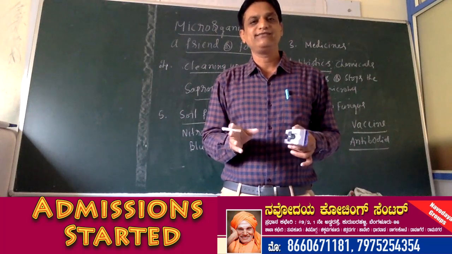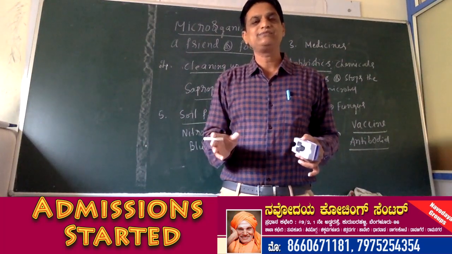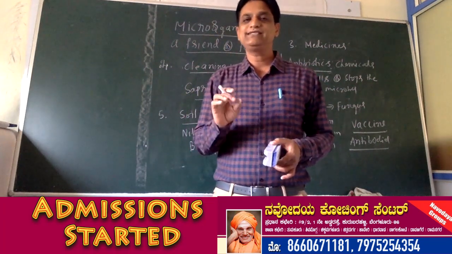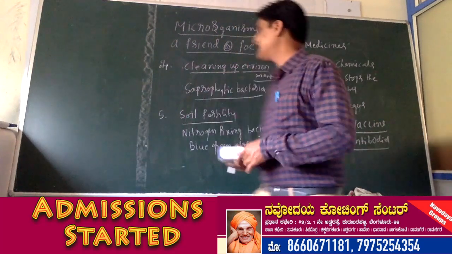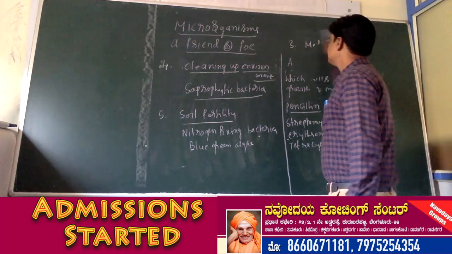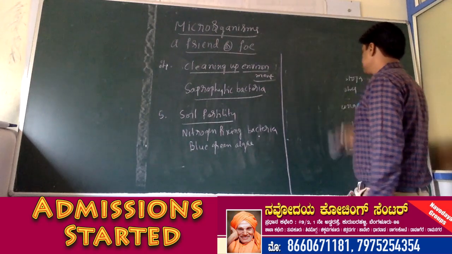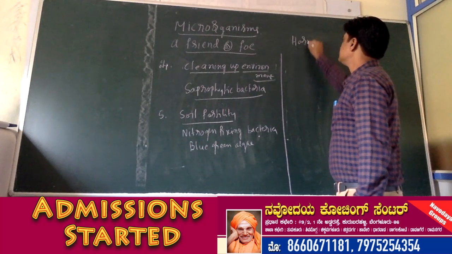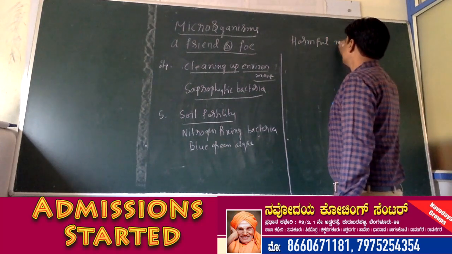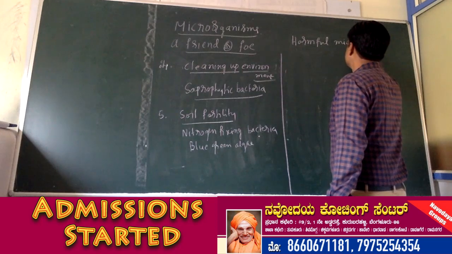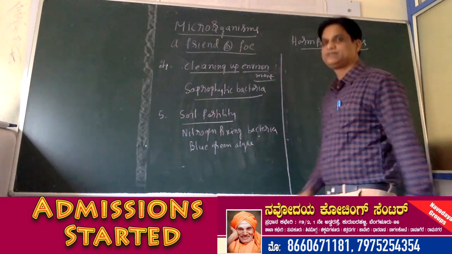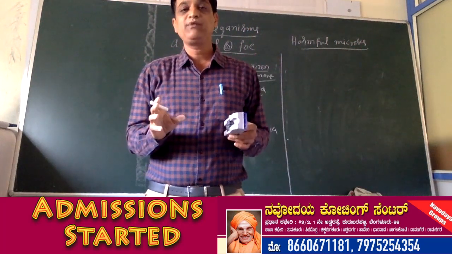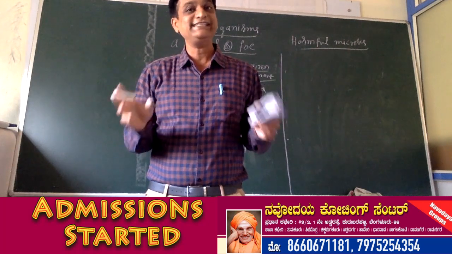In the same way, there are many microorganisms which are harmful to us. Let us know about harmful microorganisms. Harmful microbes are nothing but microorganisms which are capable of causing different diseases.